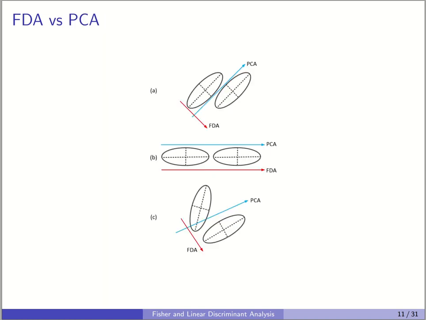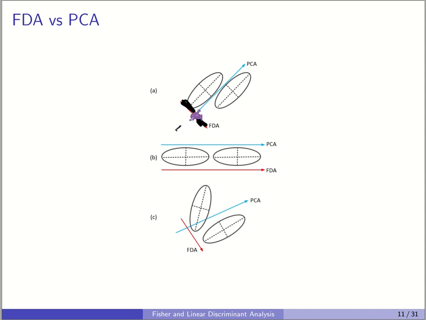What is the relation between PCA and FDA? You can see that FDA finds the direction on which the classes are separated more, although PCA finds the direction on which the variance of data is at most. Here in figure A, the FDA and PCA directions are orthogonal to each other, because when classes are projected on the FDA direction, they are separated.